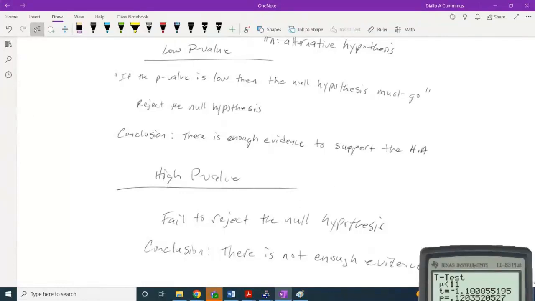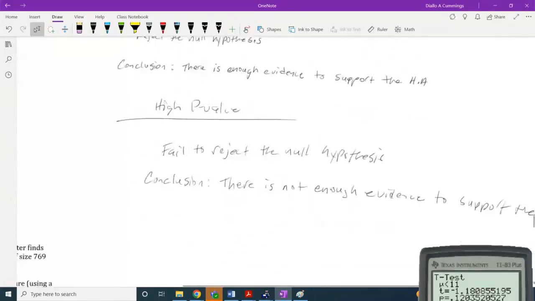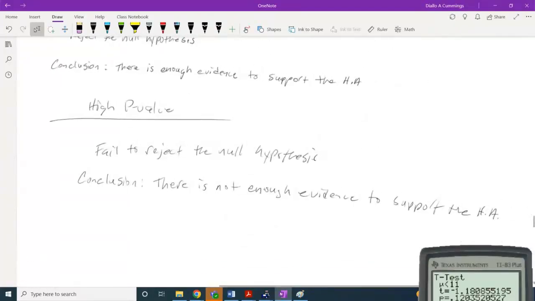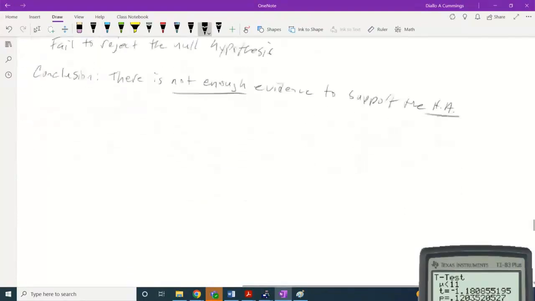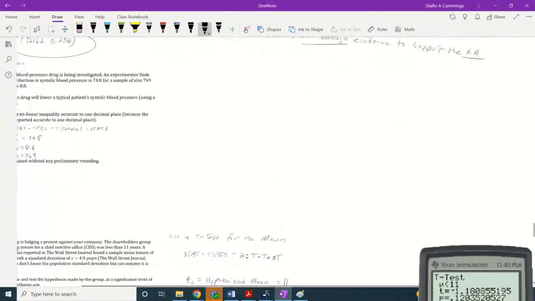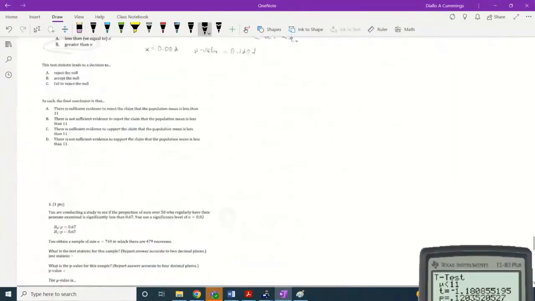So the high p-value, we're going to fail to reject the null hypothesis. And this should be our conclusion. There is not enough evidence to support the alternative hypothesis. Okay. So let's see how that looks in the problem.